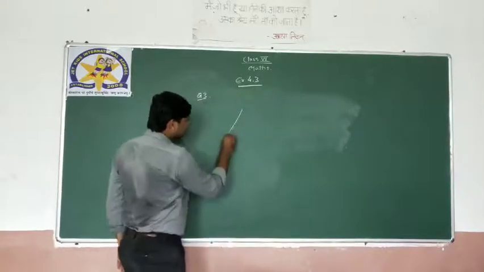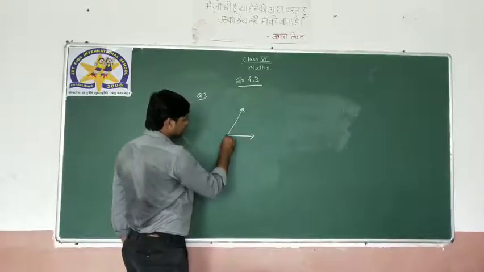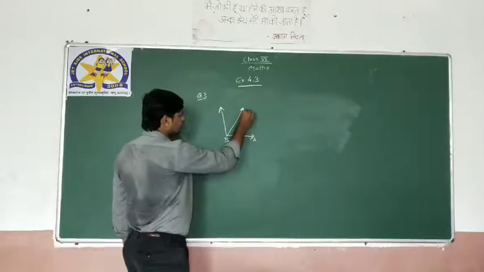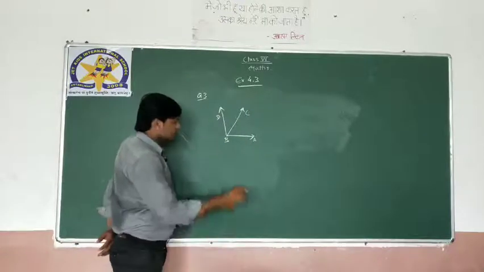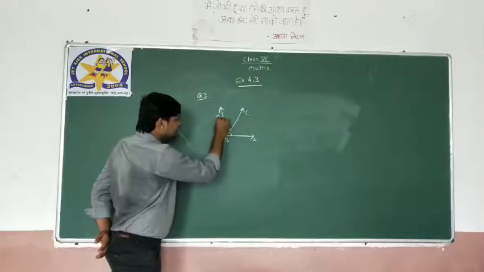For example, this is the first angle and this is the second angle. So I am just writing over here A, B, C and D. Clear? So see, angle ABC first, angle CBD second.